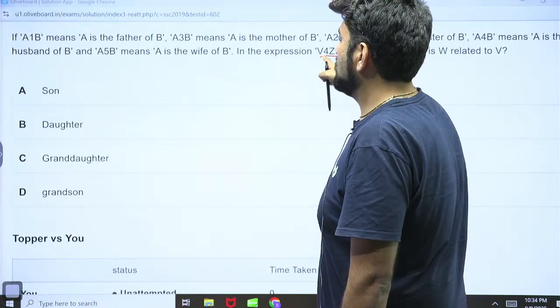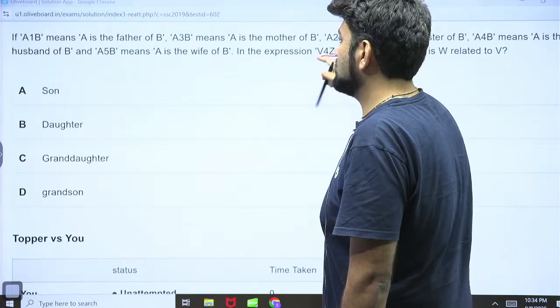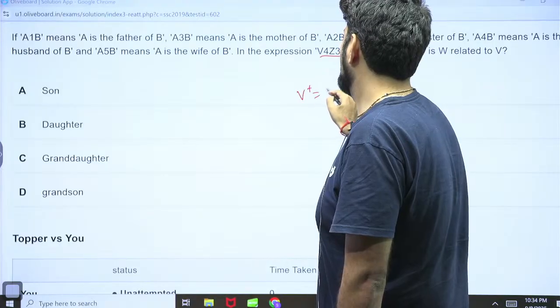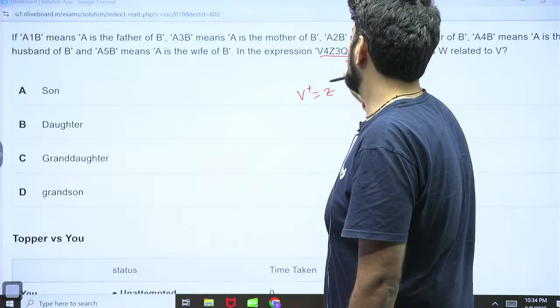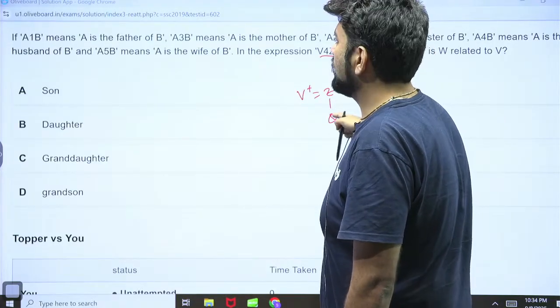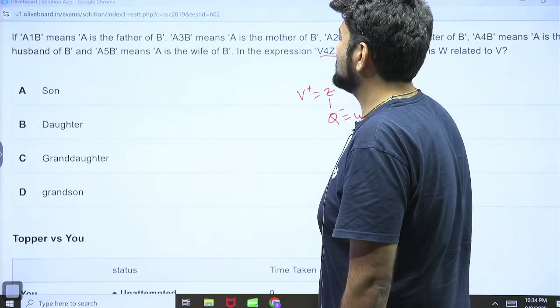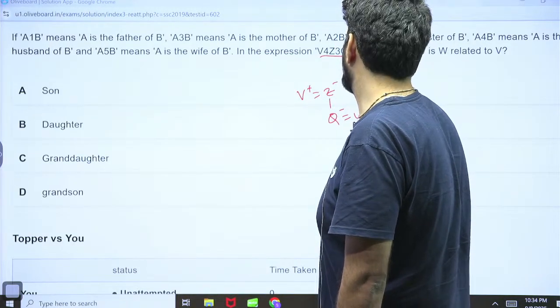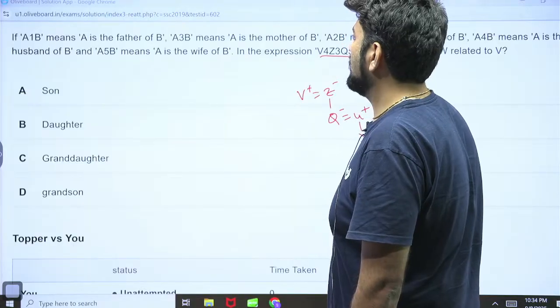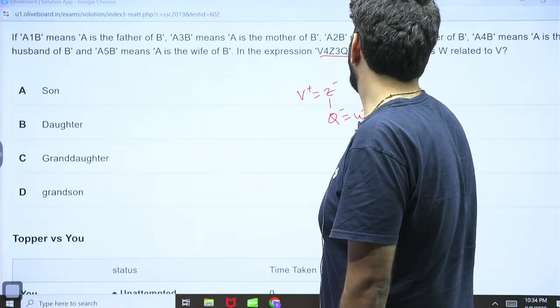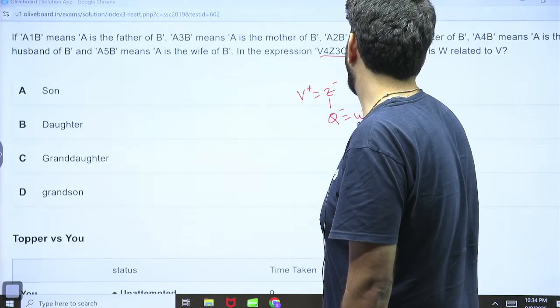So V4Z means V is the husband of Z. Z3Q, Z is the mother of Q. Q5U, Q is the wife of U. U1X, U is the father of X. X2W, X is the sister of W. And how is W related to V?